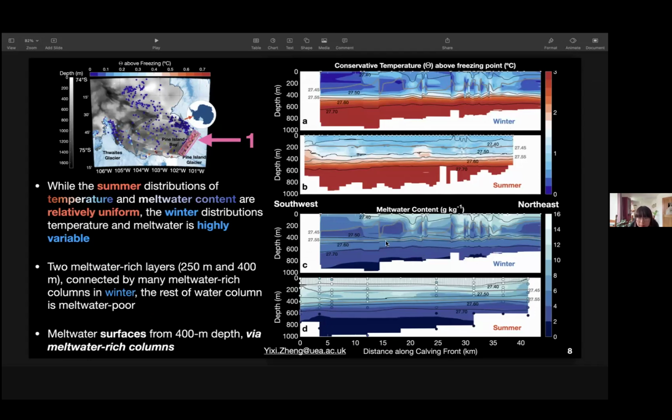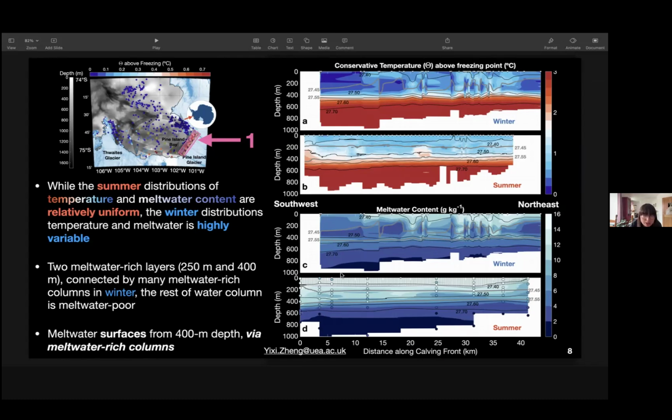But in wintertime, we have one meltwater-rich layer at about 450 meters, and another meltwater-rich layer above about 250 meters, and they are linked by those meltwater-rich columns. So it means that the near-surface meltwater-rich layer is actually formed by water transported from this layer through those meltwater-rich columns. And then we want to answer the question of why this is happening.